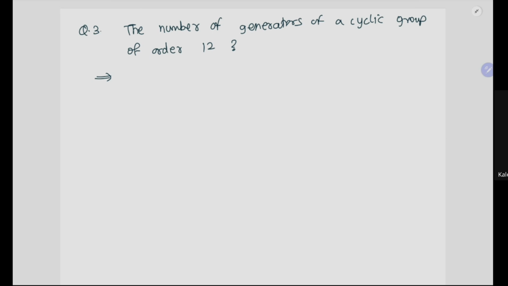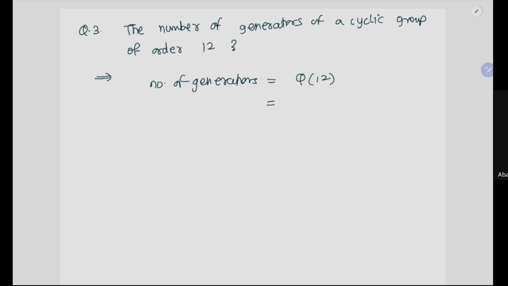The number is Phi of 12, the Euler totient function. Yes. Can you give me exactly how this will be? The number of generators. Euler phi, let's call this P. Then what will it be? How do you calculate this?